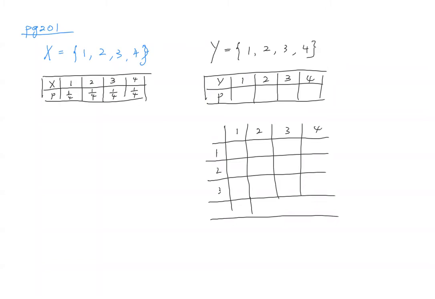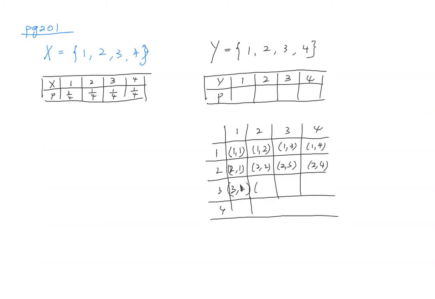1, 2, 3, 4. Okay, this is 1, 1. 1, 2. 1, 3. Why is the highest number rolled when the die is rolled twice? Oh, same dice, rolled twice, highest number rolled. Okay, 1, 2, 1. Okay, 2, 2, 2, 3, 2, 4. 3, 2, 3, 1.